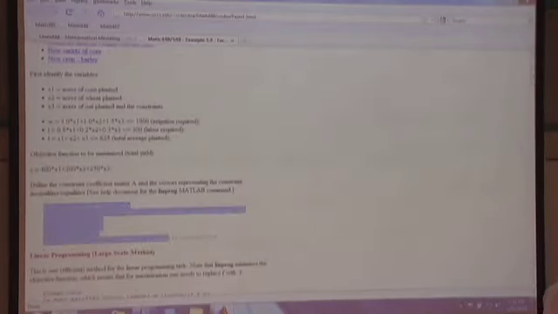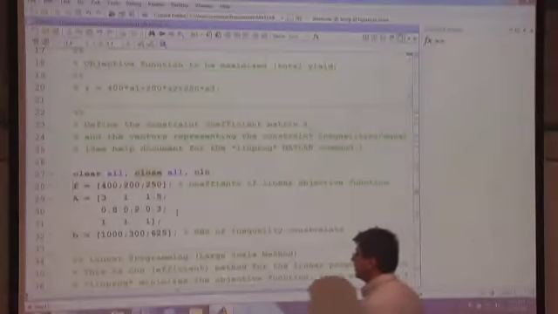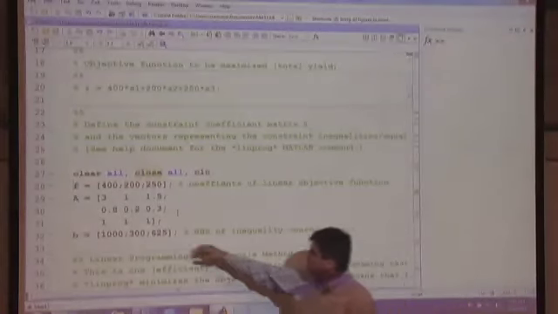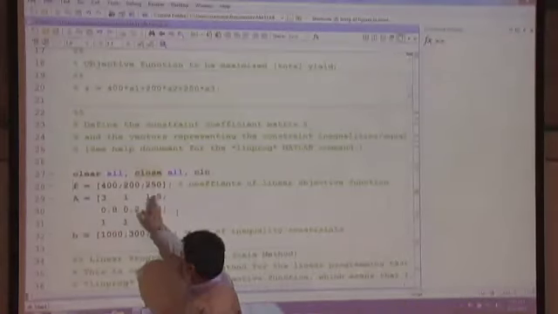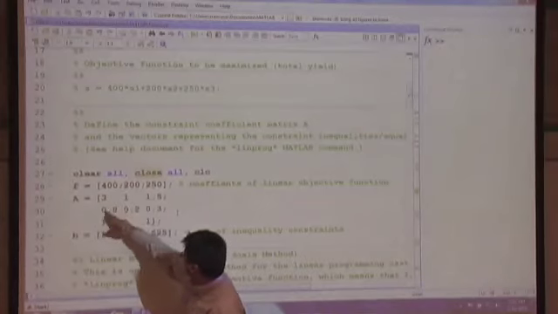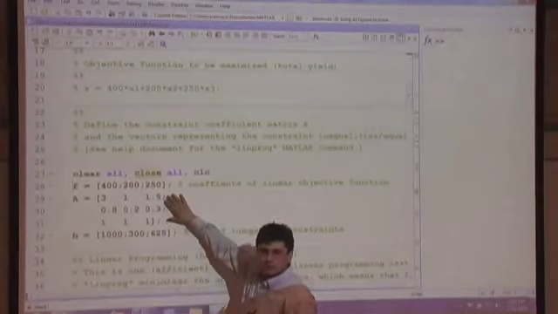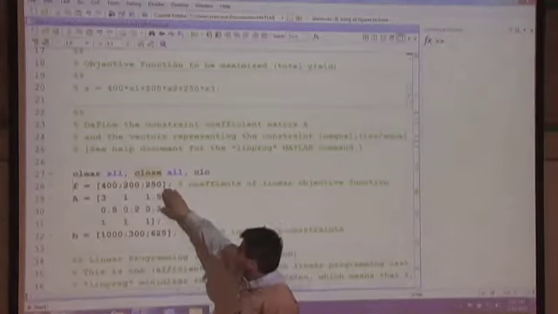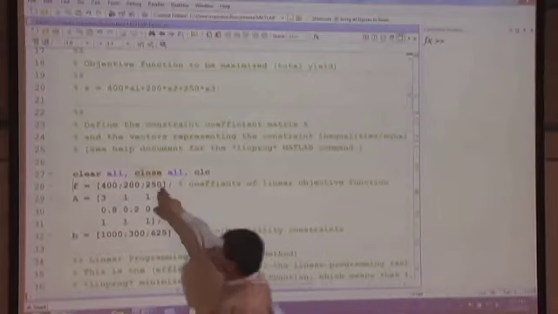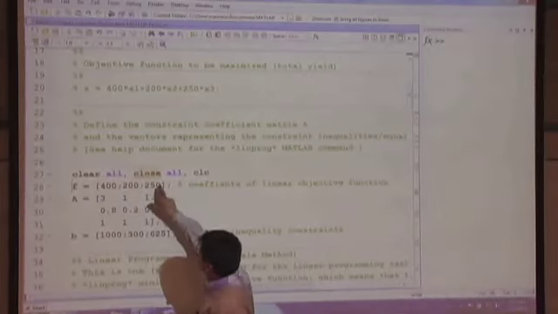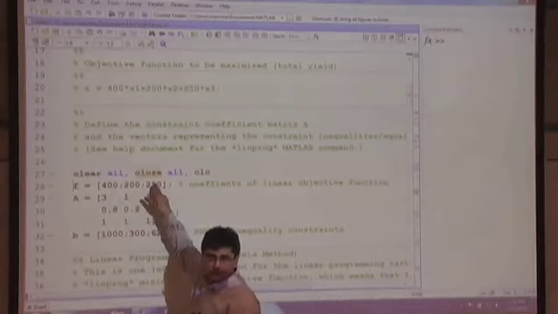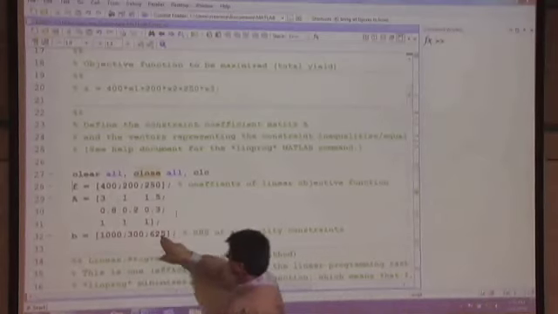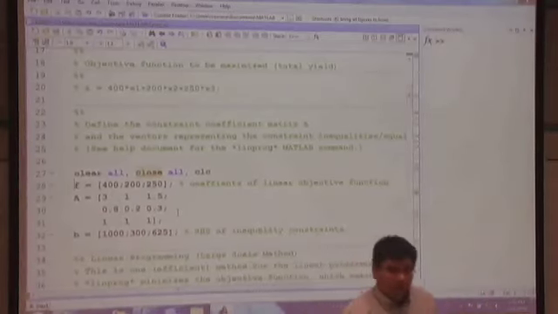Okay. So notice how simple, well, it's relatively simple to input this in linear programming. That is, you just have to make the matrix with the coefficients of the constraints and a column of the right-hand side of the constraints, right? No, I'm sorry, this one is the coefficients of the objective function f, and b is the right-hand side of the constraints.